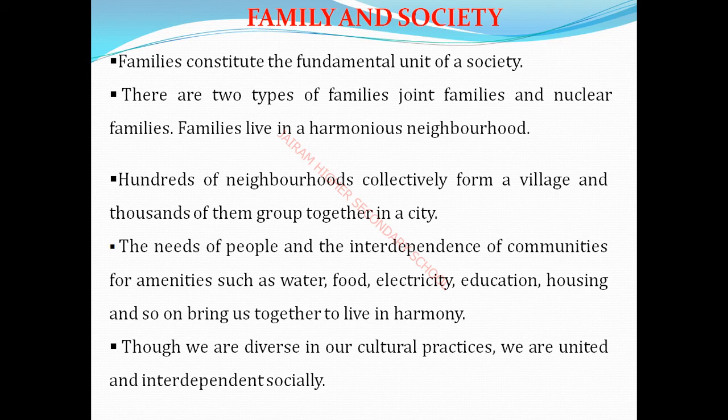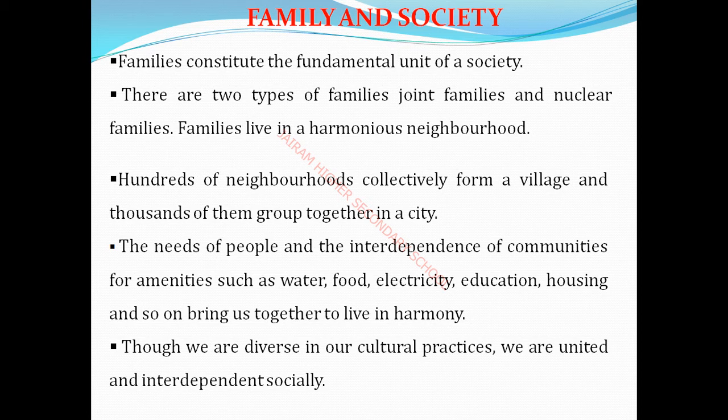The education department, the state government or the union government, will take care of the entire education system of our nation, and the housing department too. Each and every department's services are promptly needed by us, so without this we can't live any peaceful life. So to live a harmonious life, we should be interdependent on each other. Though we are diverse in our cultural practices, we are united and interdependent socially.